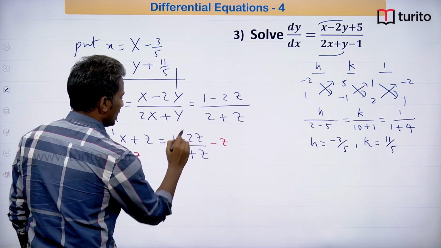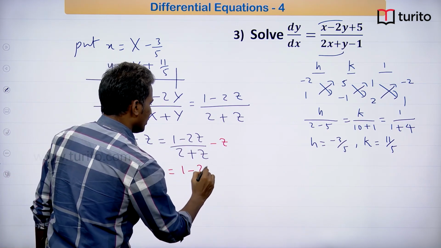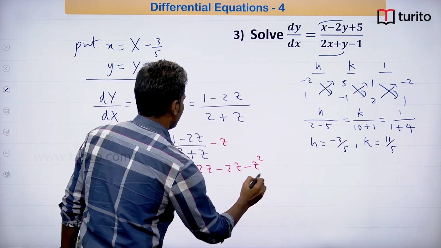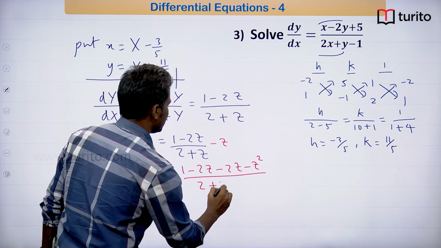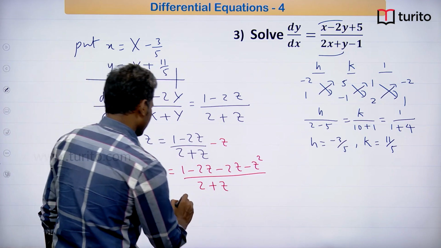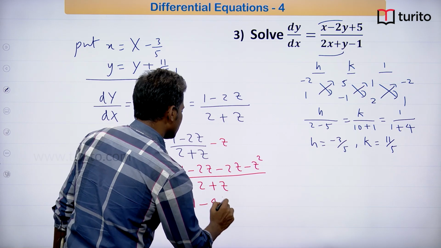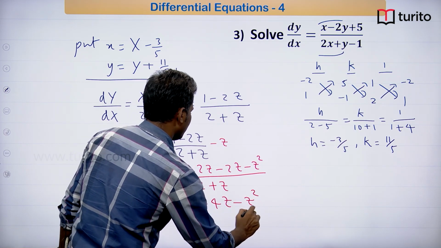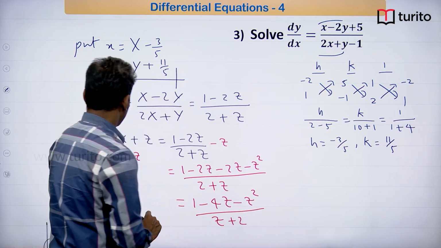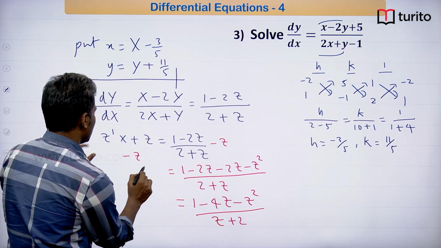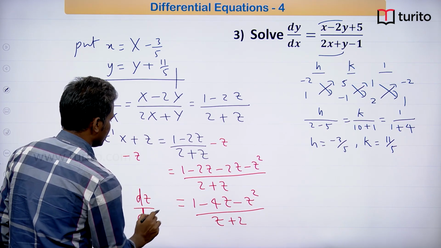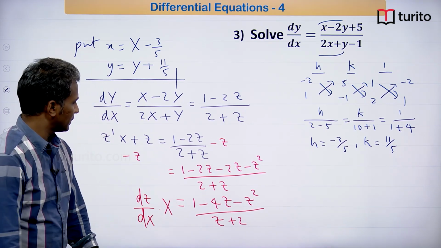Then RHS will become 1 minus 2z minus 2z minus z square by 2 plus z. So if I simplify this, I'll get 1 minus 4z minus z square by z plus 2, right. This is basically going to be z dash into x, which is same as dz by dx into x.